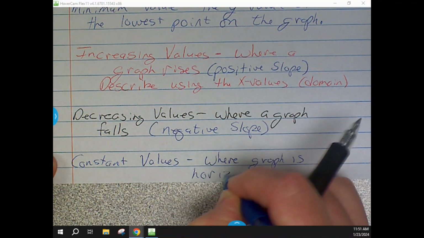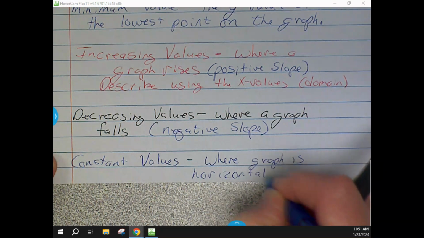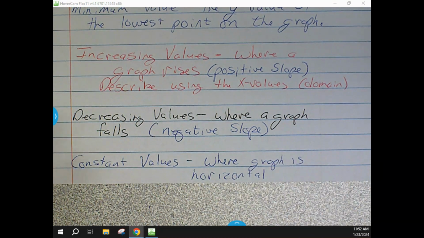And that's basically where your graph is horizontal. Okay. And then same thing, you're going to describe these using the x values. Again, it's easy to find it. It's just describing them that gets a little bit tougher as we go through some of those.